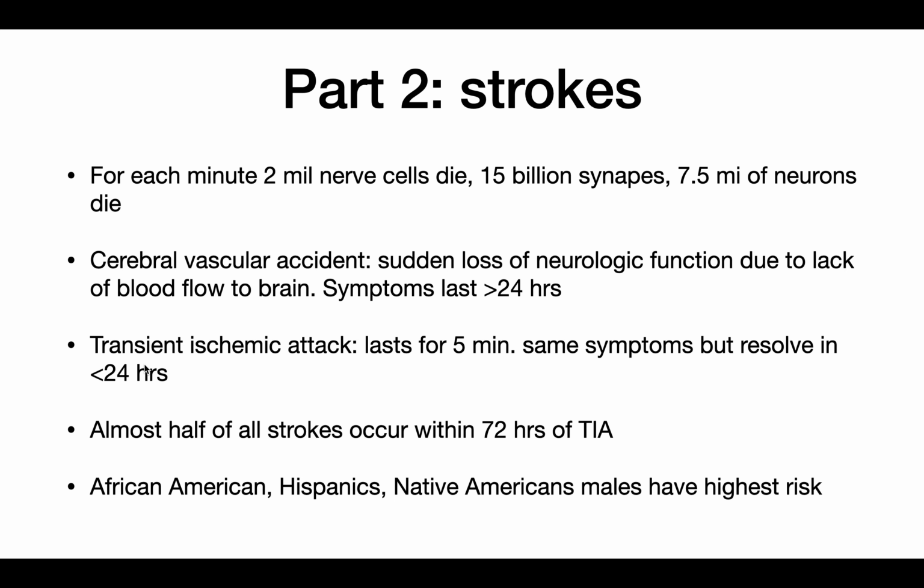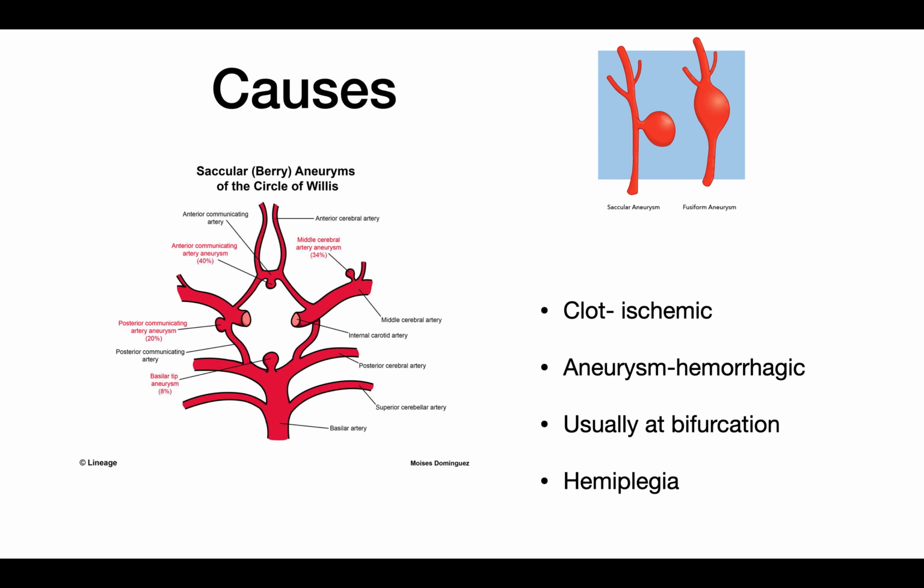Unfortunately, there is a predilection to certain ethnic groups. The ones most at risk are African Americans, Hispanics, and Native Americans, in particular the males, especially males with a history of hypertension and males who are middle-aged.